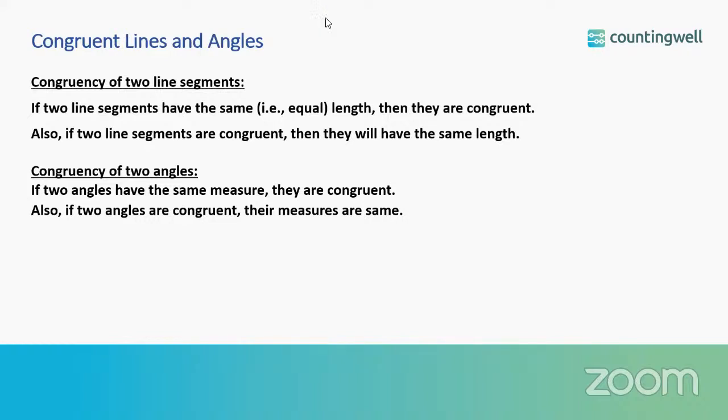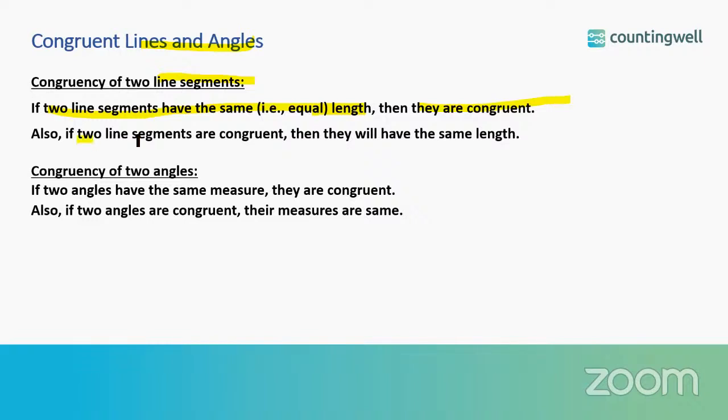Let us move towards our next topic, which is congruent lines and congruent angles. What can you say about congruency of two line segments? Yes, it's very simple. If two line segments have the same length, then we say they are congruent.